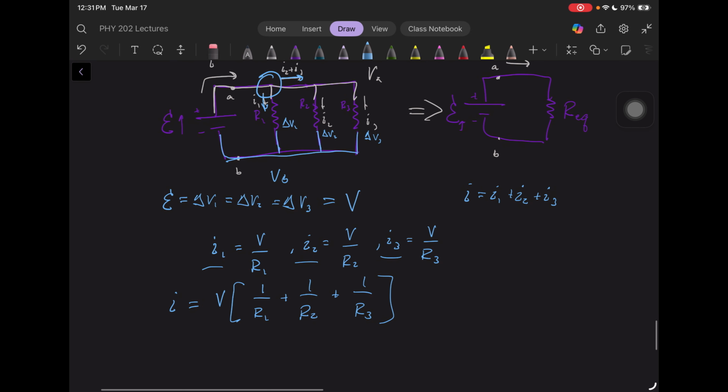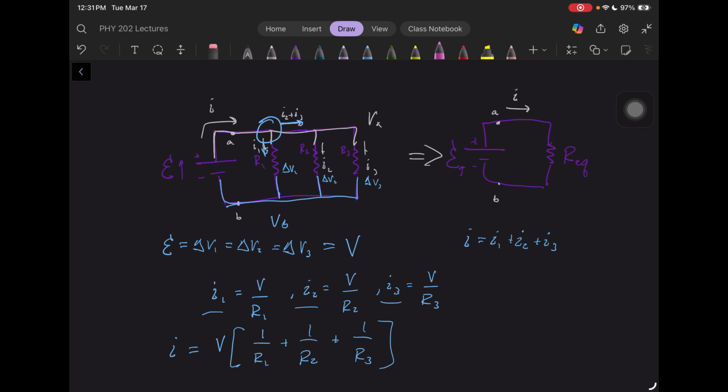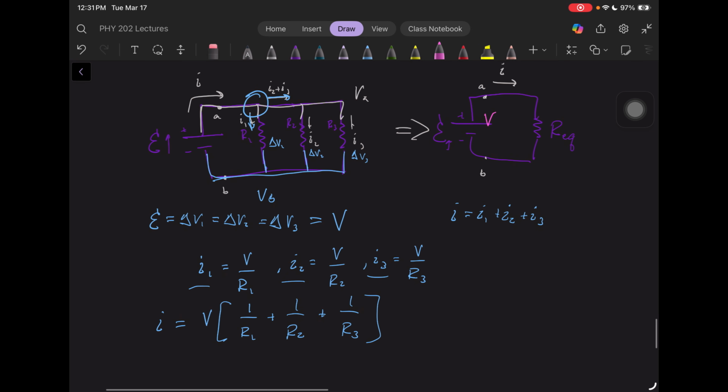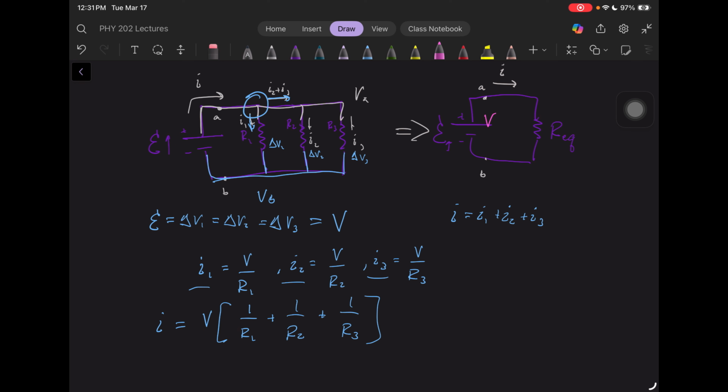Cool. And now let's take a look at our equivalent circuit. So let's say we have our same potential V, or EMF, however you want to look at it. Maybe the EMF has an internal resistance, and when you get those together, you find the total potential V. So we'll keep it as V. And for this, we just have I is equal to V over REQ.